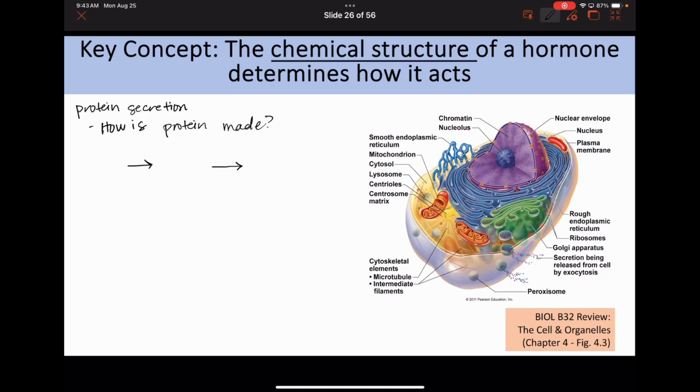So genetic information is passed on from DNA, and then what would be the next step, if anybody knows? RNA, specifically mRNA, and then to what? Protein. What is the process that turns DNA into mRNA? Transcription, yes. And what is the process that changes mRNA into a protein? Translation.